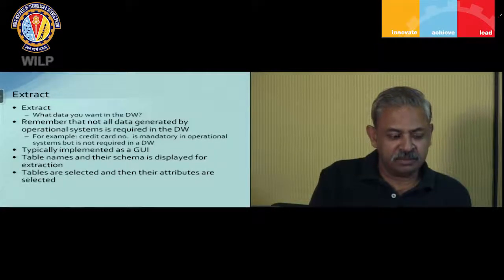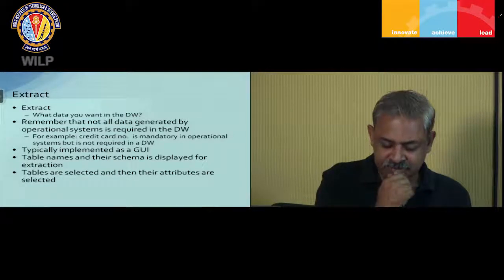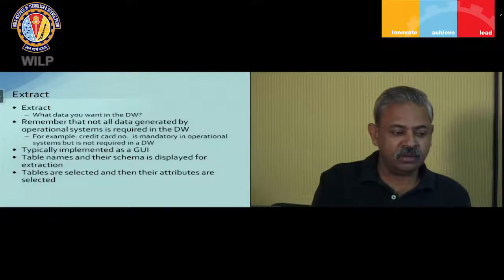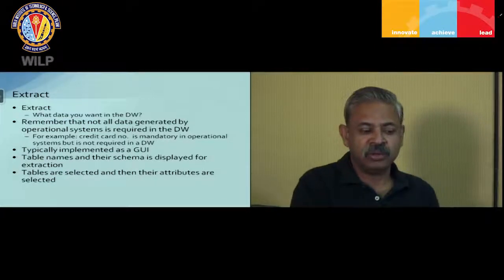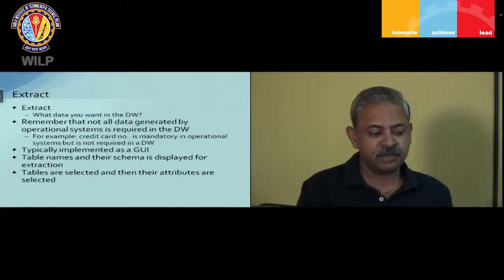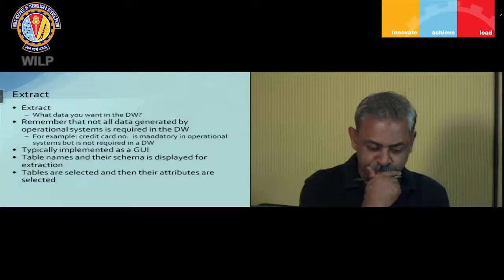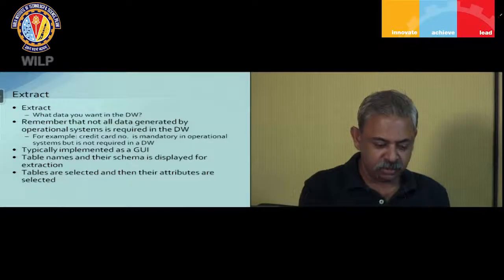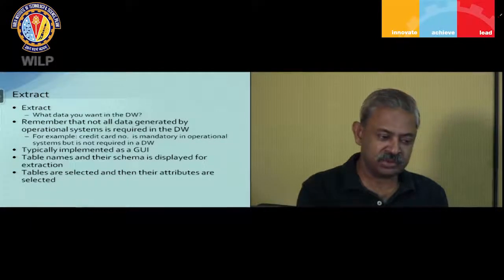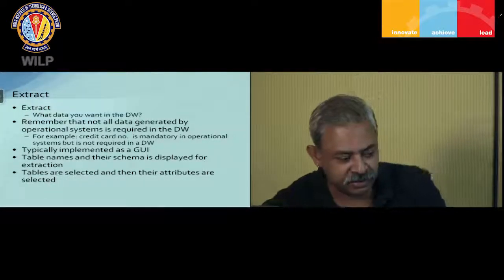And remember that right at the beginning of the course I mentioned that not all data that is generated by operational systems is required in the data warehouse. So for example, credit card number is mandatory in operational systems. Say if you are trying to do an online purchase and you want to use your credit card, you cannot do it without the credit card number.